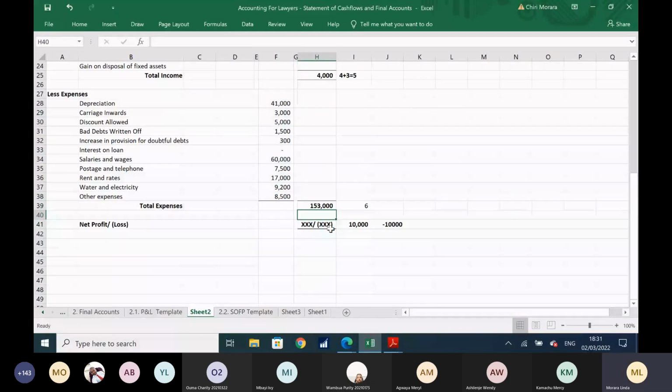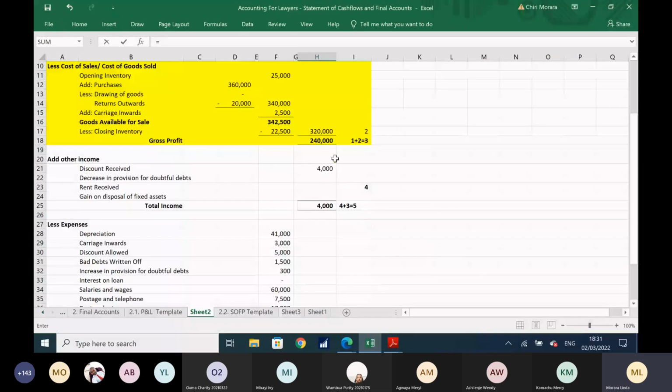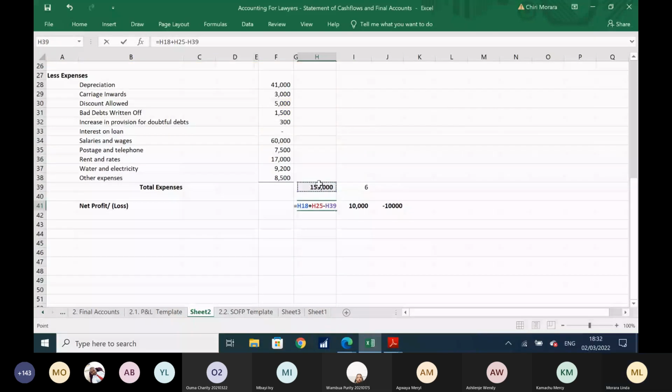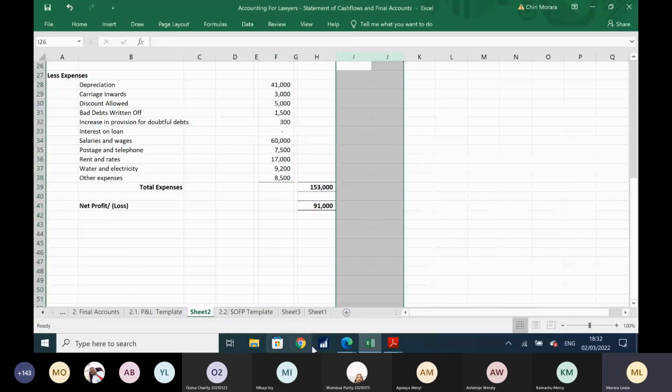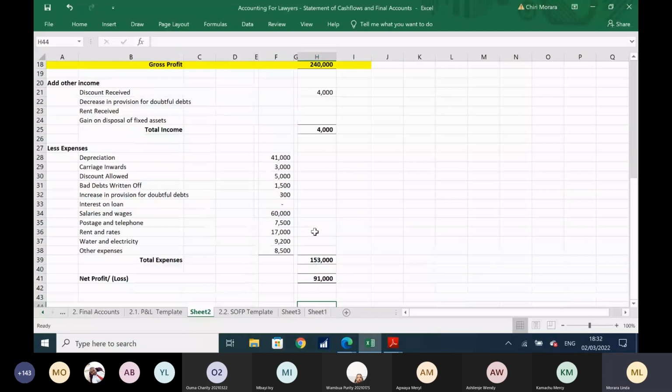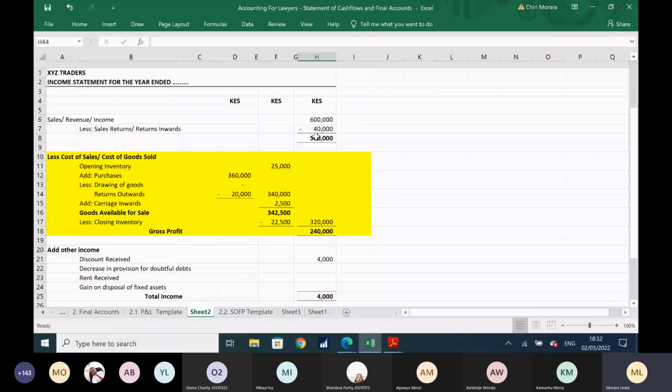So then our profit or loss, right, should be the gross profit that we have there. You add your other income, and then of course you deduct your expenses. This is we got that.